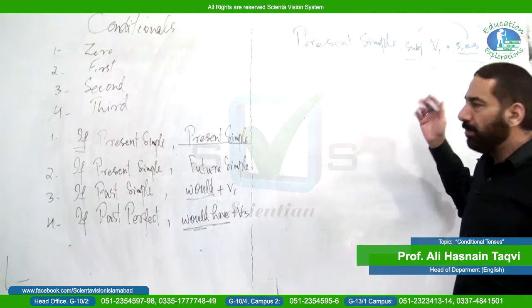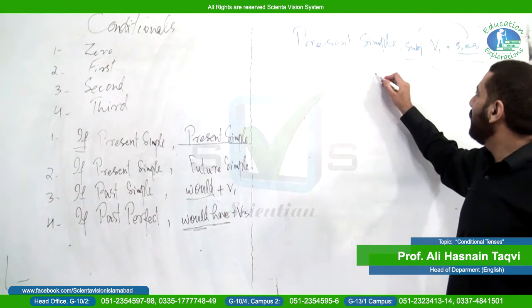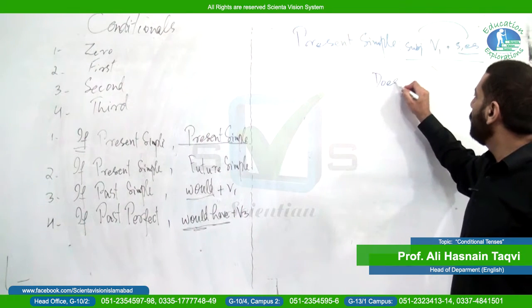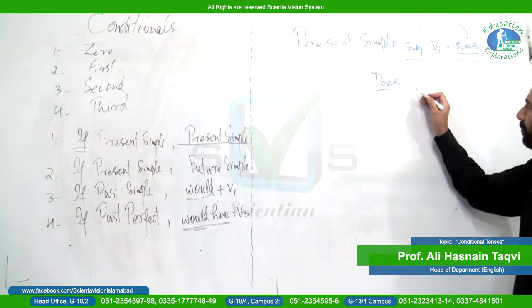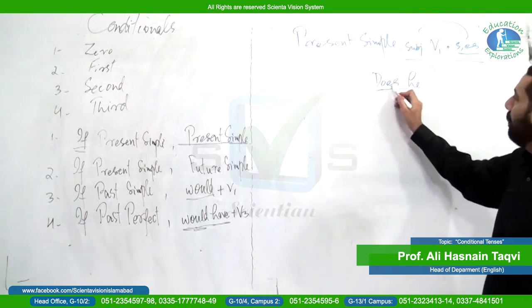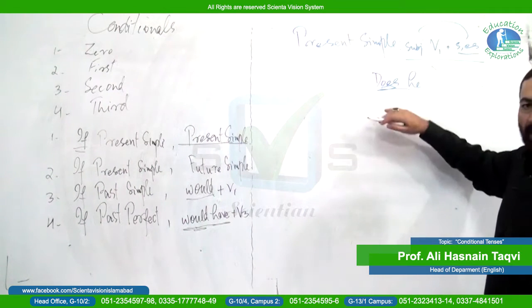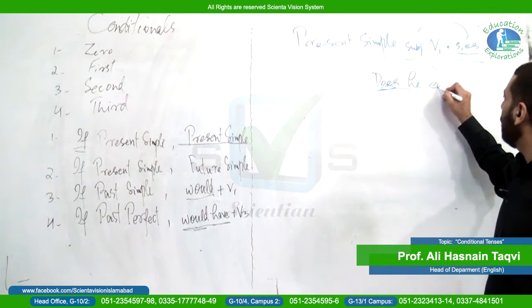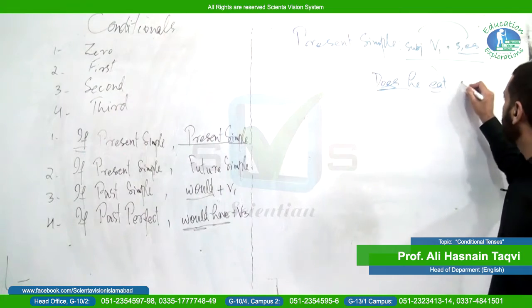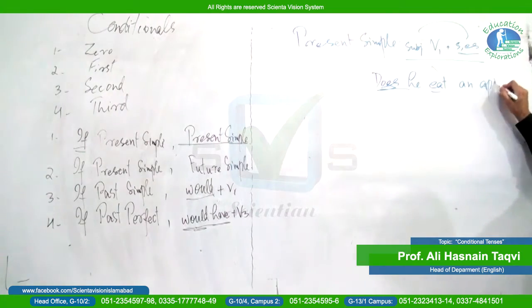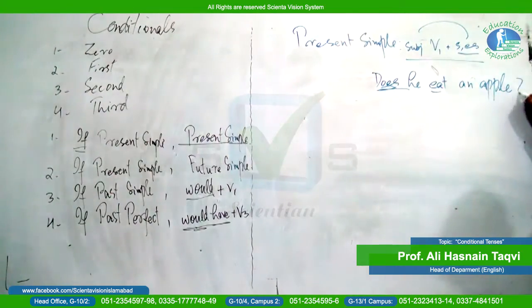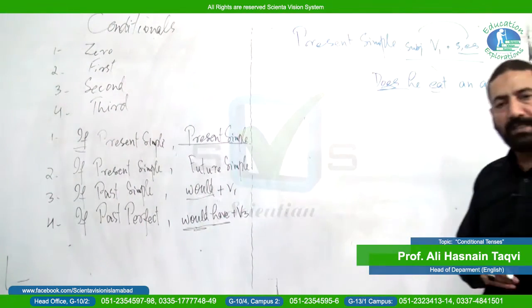He eats an apple. To make it into an interrogative structure, you bring the helping verb in the beginning, then the base form of the verb, and a question mark. Does he eat an apple?